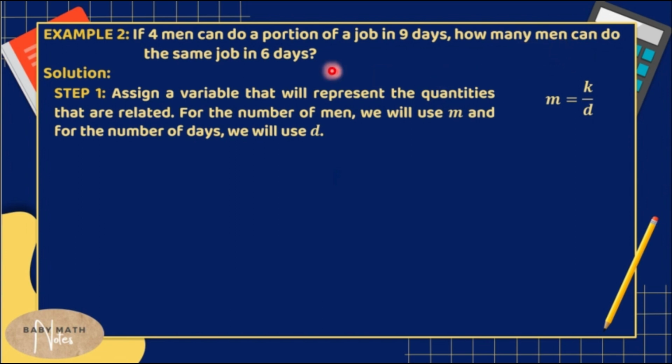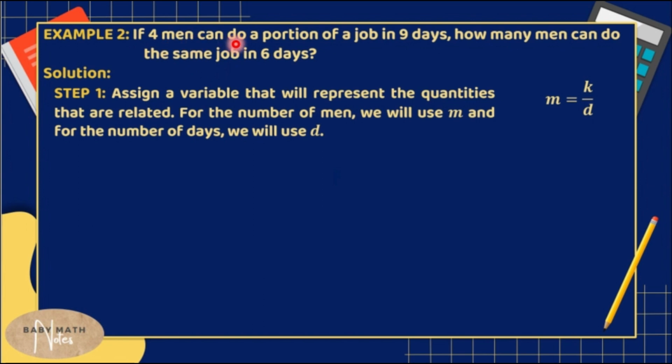Or, sa tingin ninyo, uunti? Kapag dumadami ba yung number of men, magdi-decrease ba yung number of days para matapos yung isang trabaho? So, masasabi natin na inverse variation yun since yung isang number, kapag increasing, let's say number of men, increasing yan, meaning yung number of days natin para matapos yung isang trabaho, decreasing.